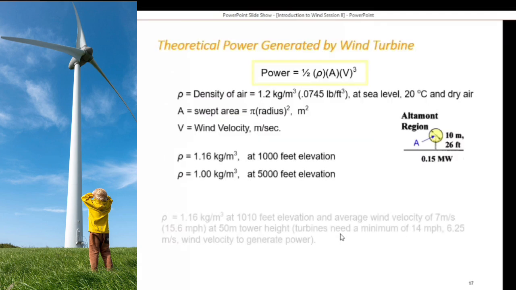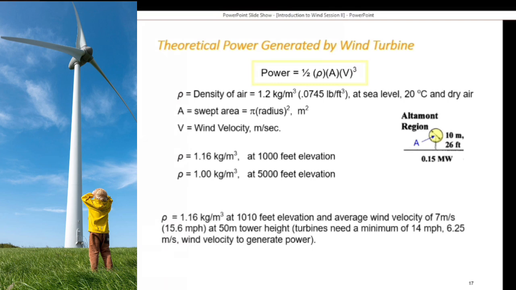This is just an example. If we talk about the swept area, it is the area covered by the wind turbine, which is equal to pi times radius square, the area of a circle. This is how to calculate the area of a circle.